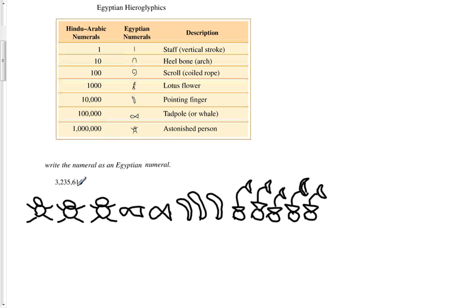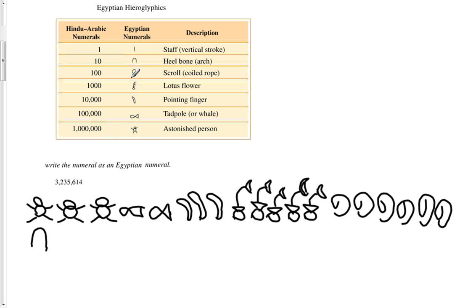And then I have 600, so I need 6 scrolls or coiled ropes. One, two, three, four, five, 6 coil ropes. And one heel bone or arch.